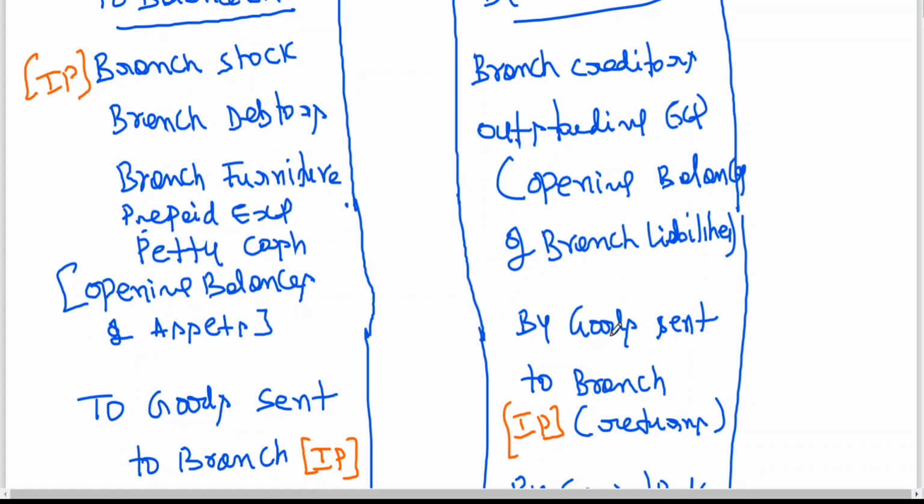Second entry, to record opening balance of branch liabilities.